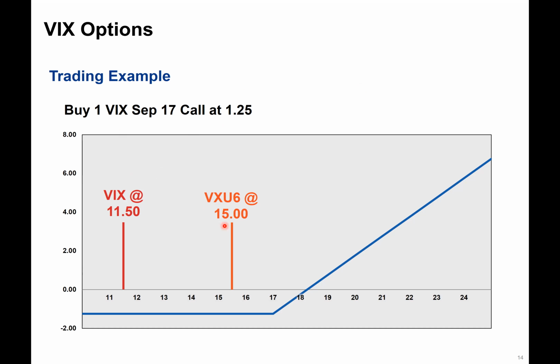If we felt like there was a catastrophe on the horizon and the stock market was going to sell off real hard and we were going to see a spike in VIX, and we wanted to try and play that, we might consider buying the September 17 call. The break even for that call is all the way up at 18.25.